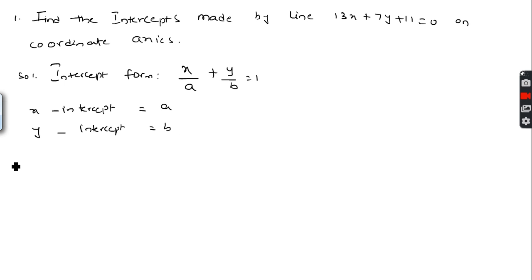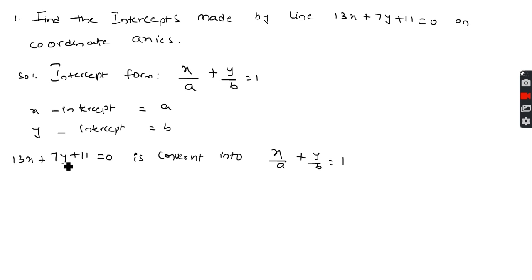So that means 13x plus 7y plus 11 equal to 0 is converted into what form? x by a plus y by b is equal to 1.